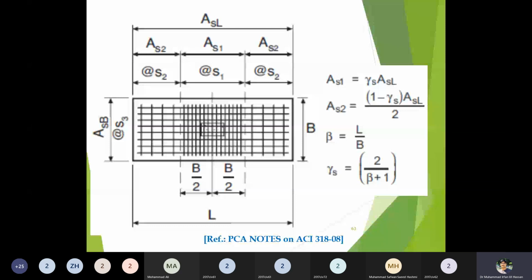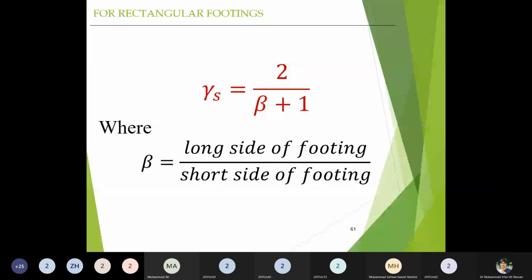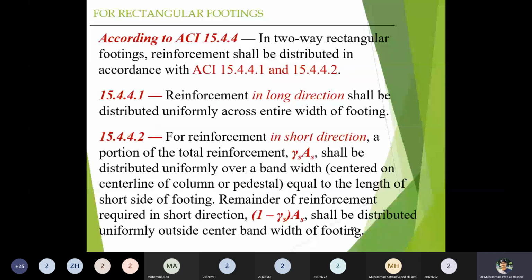So the criterion is explained by the ACI: the reinforcement in the longer direction shall be distributed uniformly, but for the reinforcement in the shorter direction, a portion of the total steel, because the steel As is already computed, a portion of steel which is gamma S, which is always larger than 0.5, will be placed in a bandwidth at the center line of the column equal to the bandwidth B, and the remaining area, which is (1 minus gamma S) by 2, will be placed on both sides of the footing.